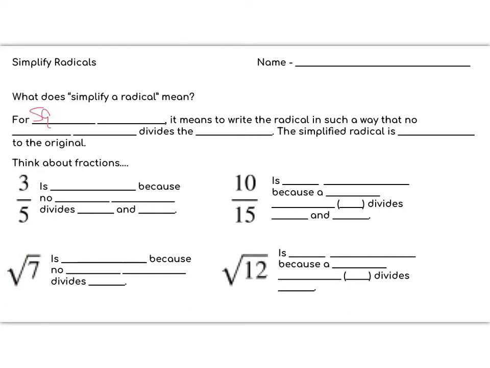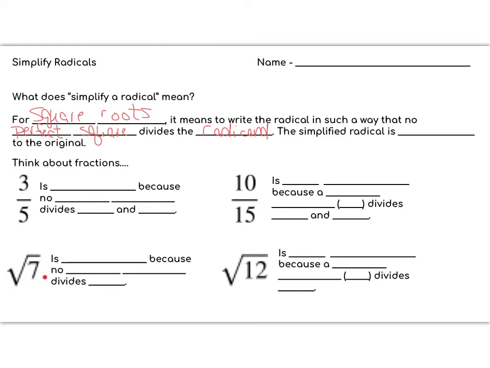For square roots, it means to write the radical in such a way that no perfect square divides the radicand.